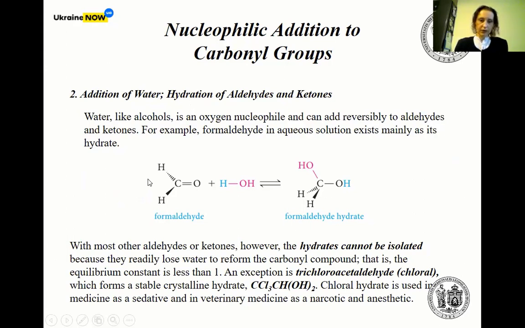And these compounds are not stable. We cannot isolate these compounds from the solution. There are some exceptions when we have a strong electron-withdrawing group in the hydrocarbon chain. For example, in trichloroacetaldehyde we have 3 halogen atoms.